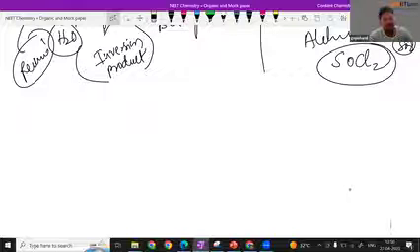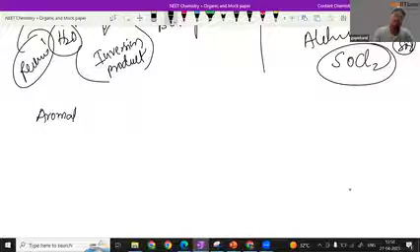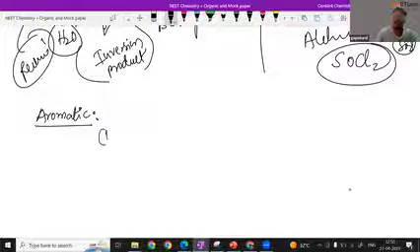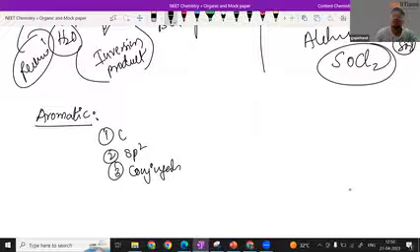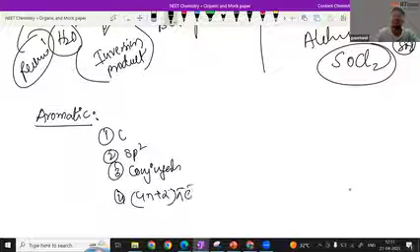Next, in class 11, the aromatic compounds. You should recall the aromatic compounds, don't memorize which compounds are aromatic. You should know that it should be cyclic, and it should contain sp2 hybridized carbon, number 3, conjugation is a must, and number 4, 4n plus 2 pi electrons are a must. If there is no 4n plus 2 pi electrons, then it's not an aromatic compound.